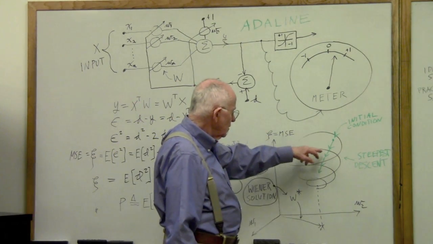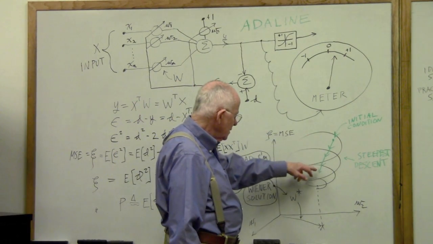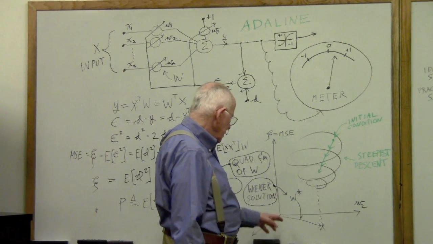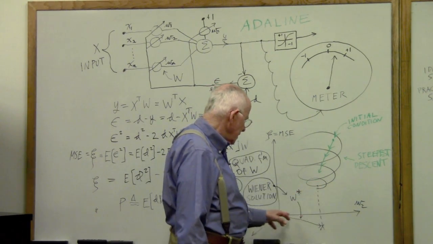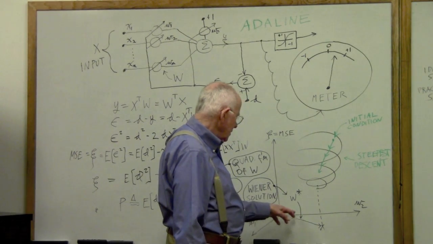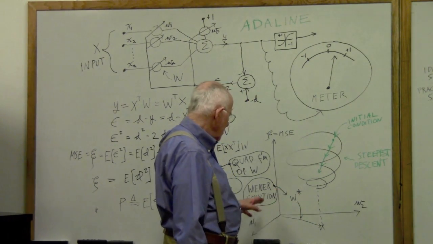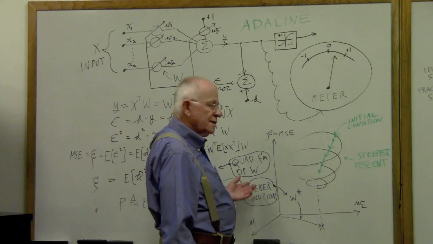So we follow the gradient down to the bottom of the bowl, and when we get there, what we have is an adjustment of the weights that we call W star, the best W, and that's the Wiener solution.